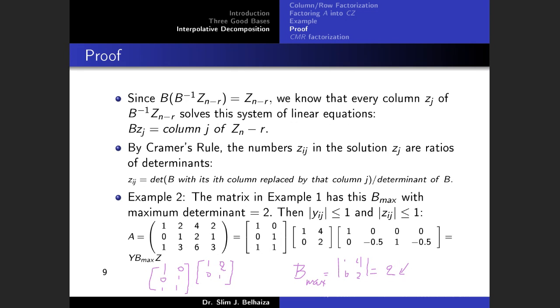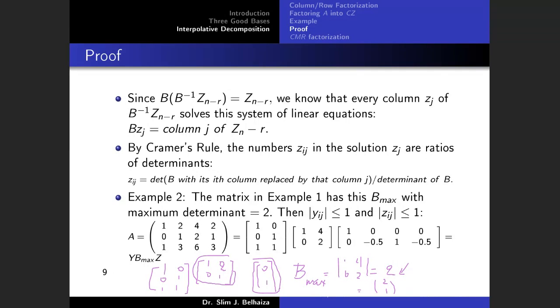It was the second row, and the previous Z was 0, 1. Let me multiply this B by the 0, 1, which was previously there. It's supposed to give me 2 and 1. Okay. So now this is what I want to find.